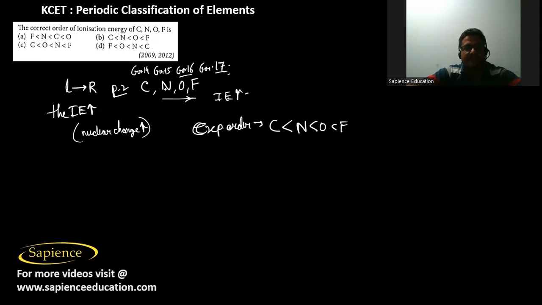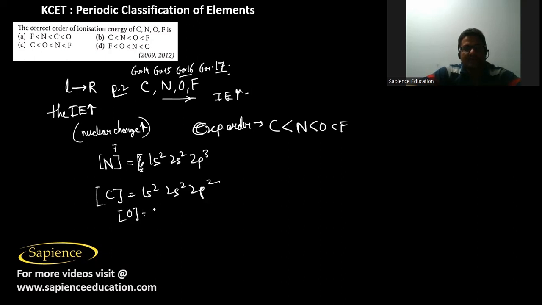But here, in case of nitrogen, the electronic configuration: nitrogen's atomic number is 7, so it will be 1s2, 2s2, 2p3. So here we have half filled, and for carbon it is 1s2, 2s2, 2p2, and for oxygen it is 1s2, 2s2, 2p4.